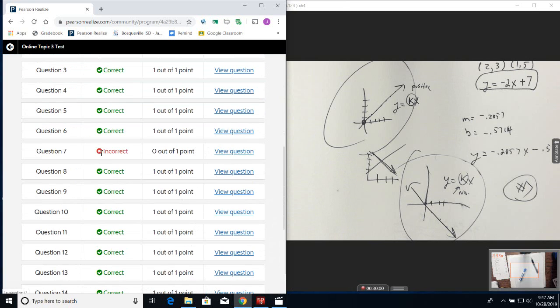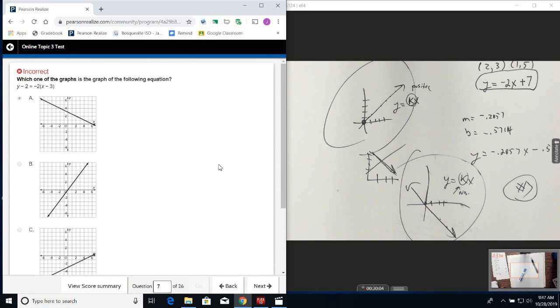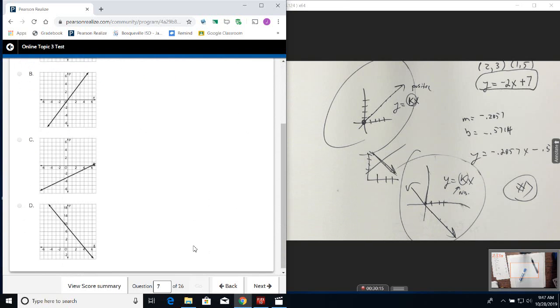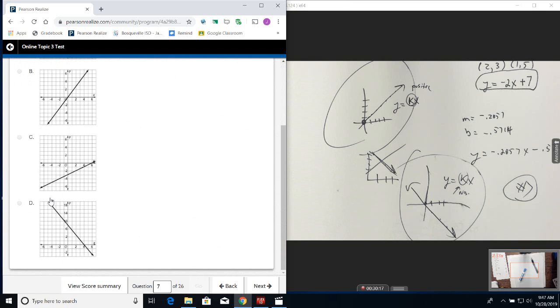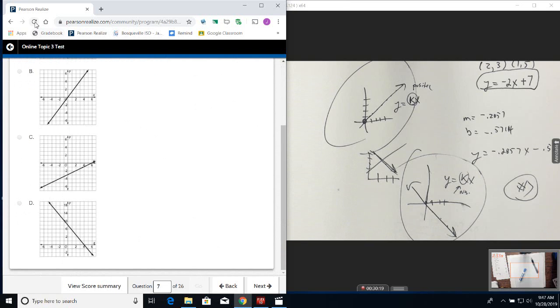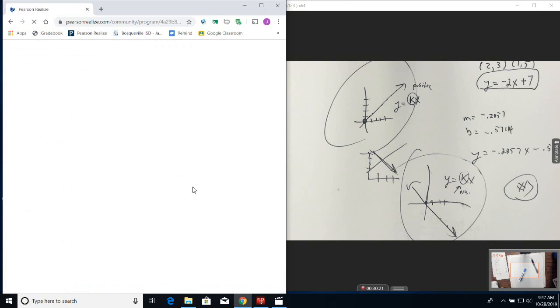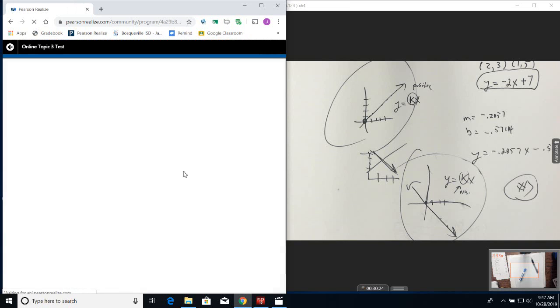See, 7, we just guessed because that one right there was wrong for whatever reason. So let me tell you what that is before you guys go. Let me try it again. It would have to be D. So let me check D real quick before y'all go, and I don't want to tell you wrong. But obviously all of them are wrong.